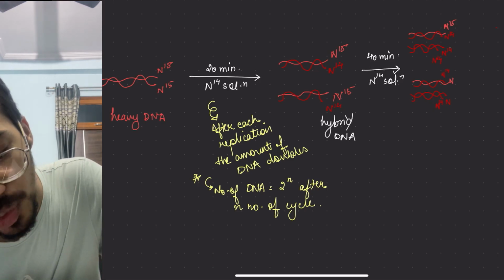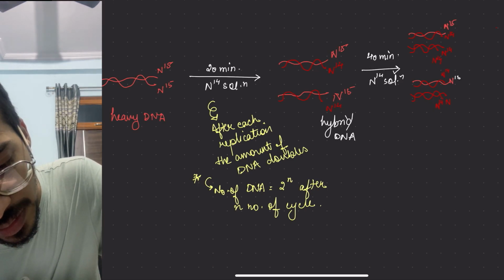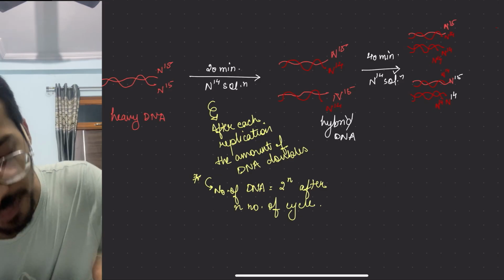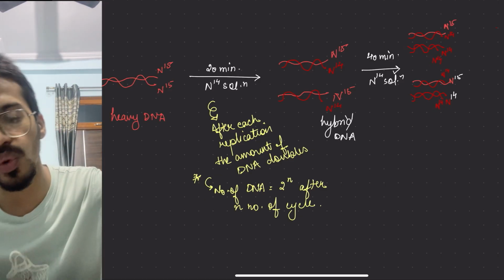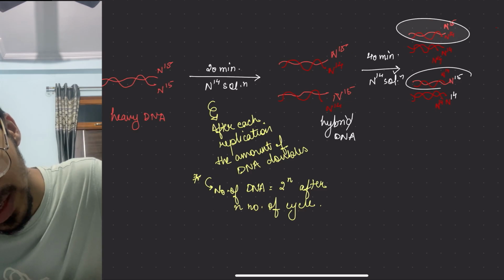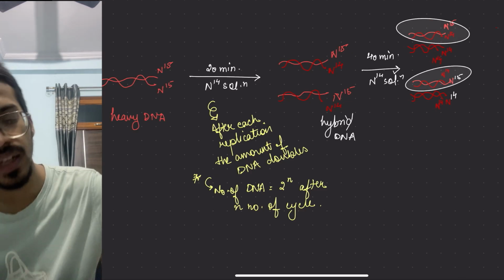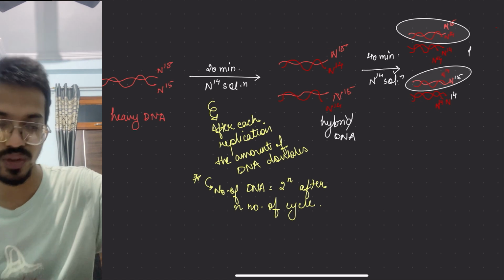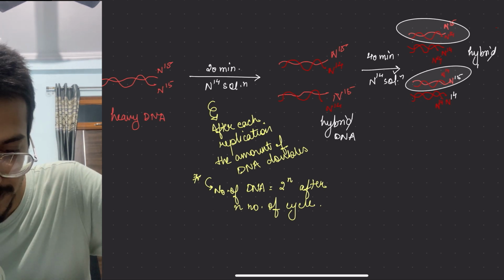We will just write it over here: N15, N14. Now, if you see over here, this one and this one are similar to the last one. That is hybrid DNA.